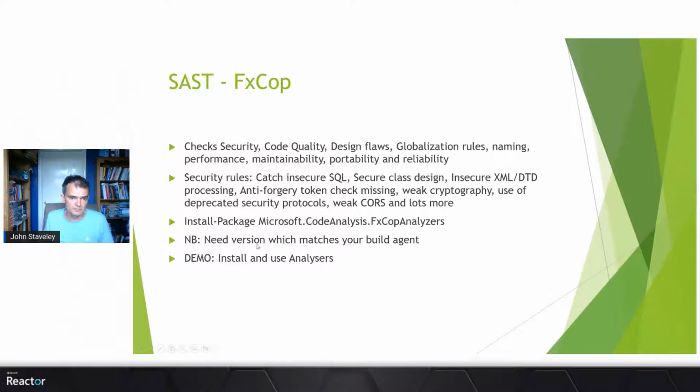You install the package through NuGet, through FxCop Analyzers. And you should choose the version that matches your build agent in Azure DevOps. Otherwise, you'll just have a load of errors and it won't work correctly.